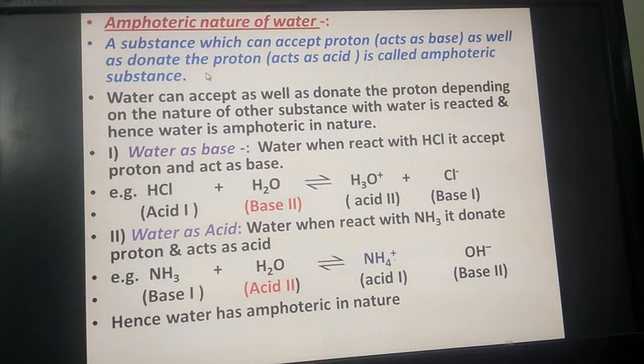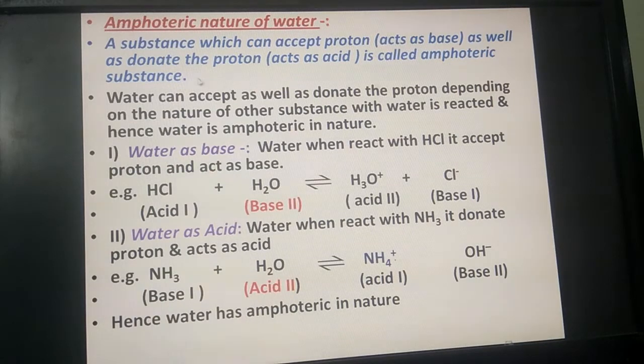In the last lecture, we have seen the Bronsted-Lowry theory. According to the Bronsted-Lowry theory, the definition of acid and bases is that the acid is the substance which donates the proton and base is the substance which accepts the proton. Therefore, the property of the substance which can donate as well as accept the proton, such property is called as the amphoteric substance or amphoteric property.